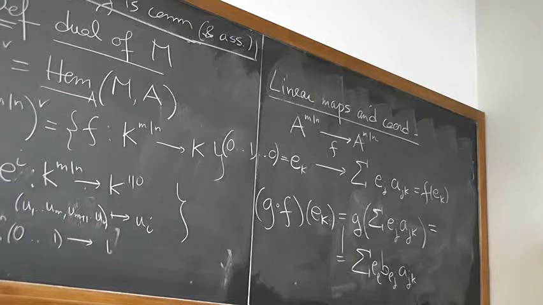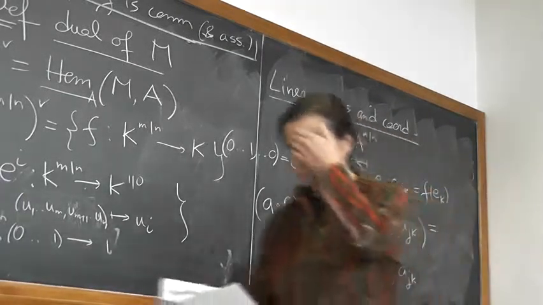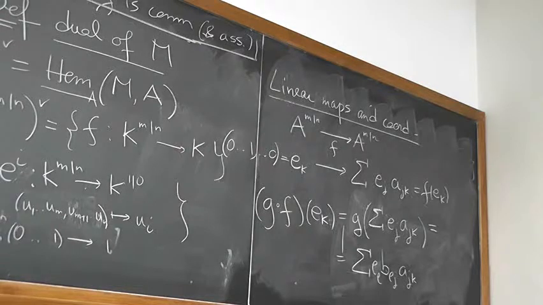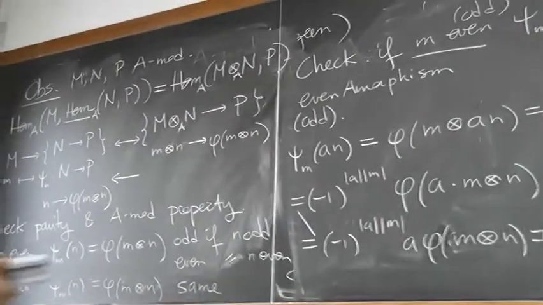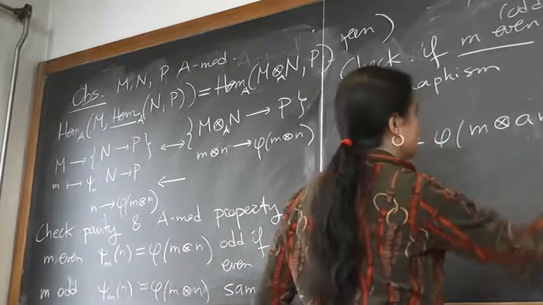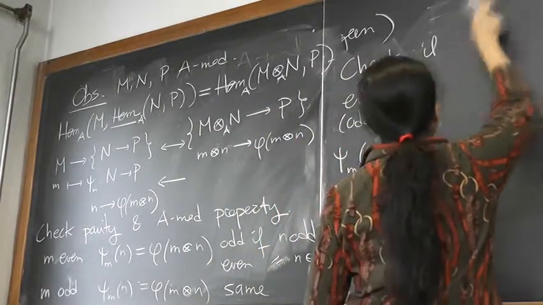Okay, now we come to the hard part. I want at least to finish this madness. So remember that we have this identification, but we want to get another identification. The book writes it very generally.